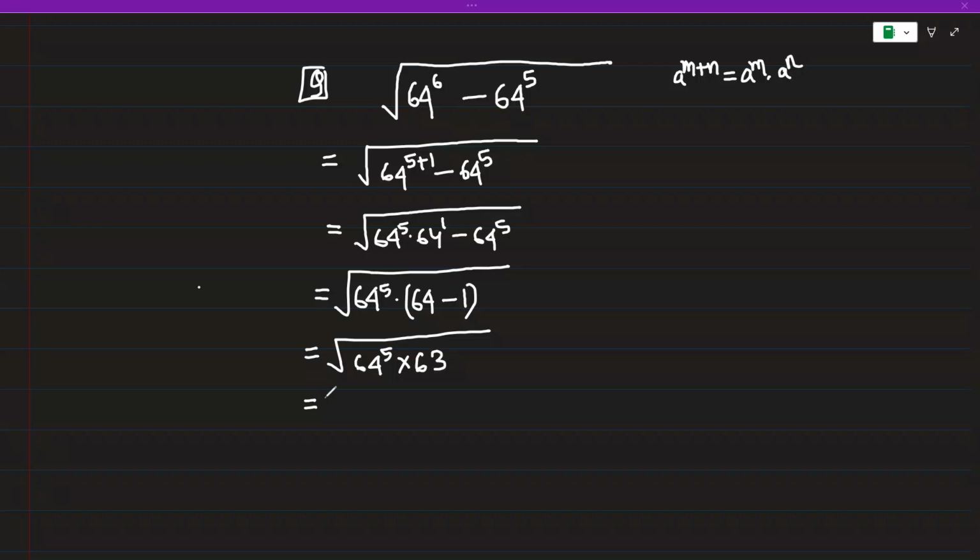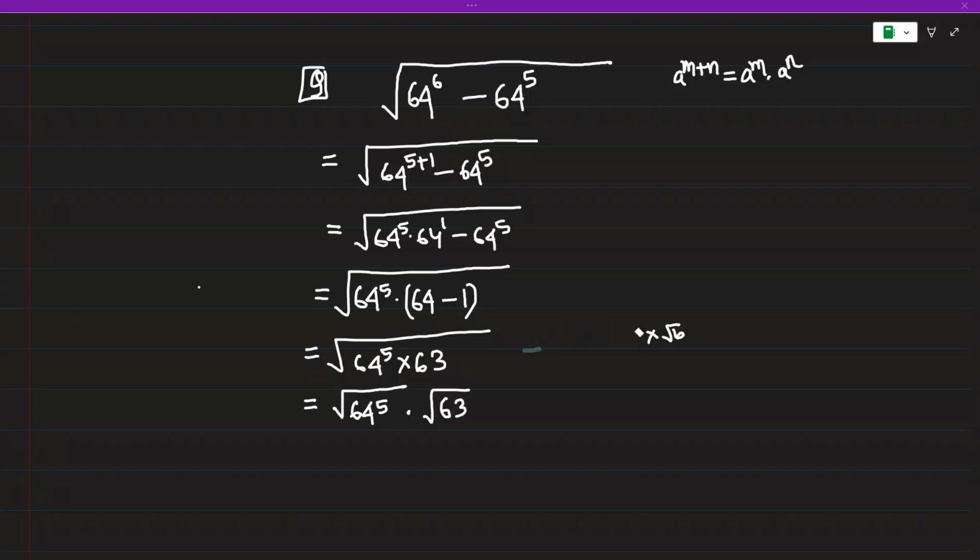Now we use another algebraic identity, which is square root of a times b equals square root of a times square root of b. That means we can write that as square root of 64^5 times square root of 63.